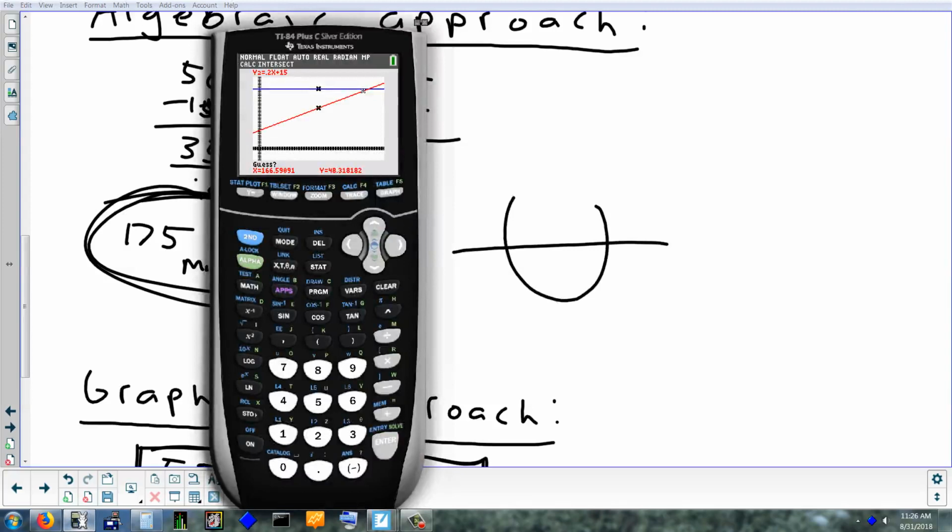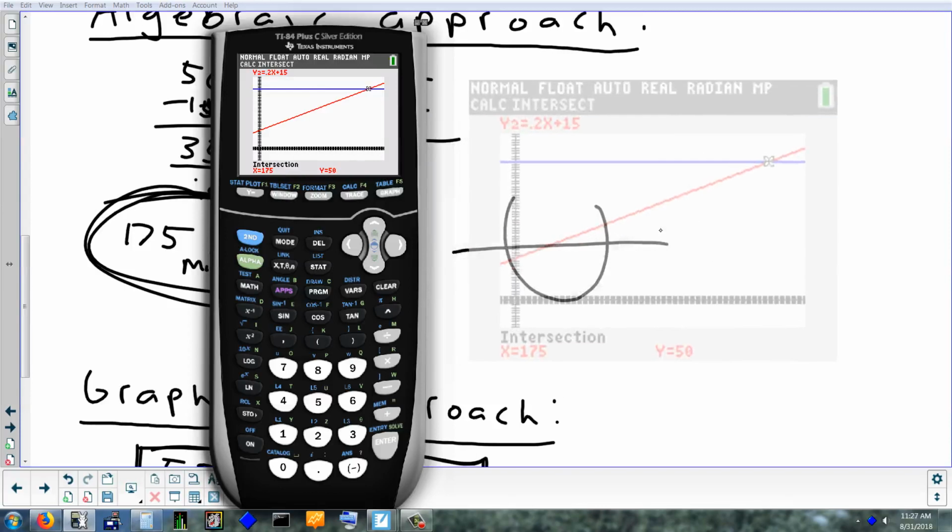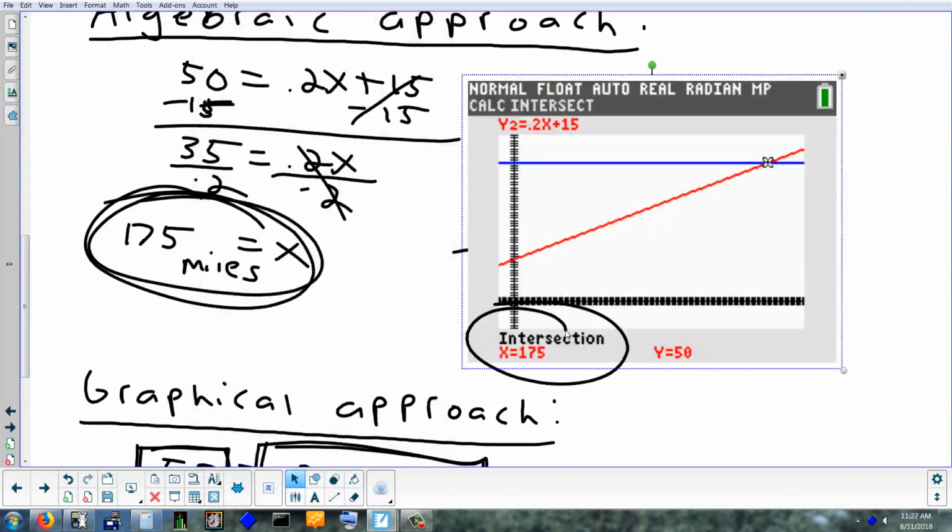So you want to put your guess close to the intersection point you're looking for. Again, in this case, it doesn't matter, because there's only 1 anyway. But put the guess somewhat close, hit enter, and then you should see that right there, when x is 175. So it's exactly the same thing we got algebraically.